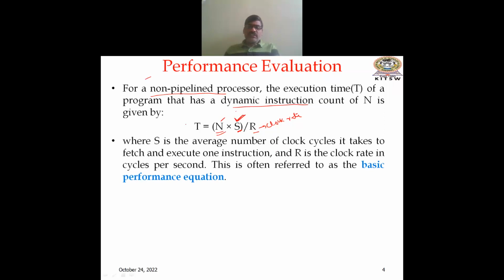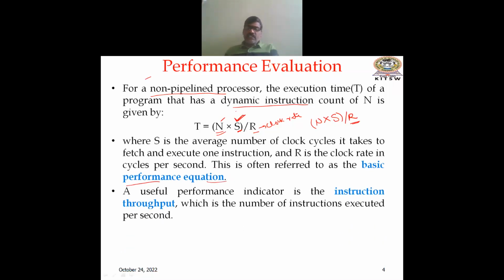This equation is generally referred to as the basic performance equation. That is the number of instructions times the average number of clock cycles it takes to fetch and execute one instruction, divided by the clock rate, that is the clock cycles per second.